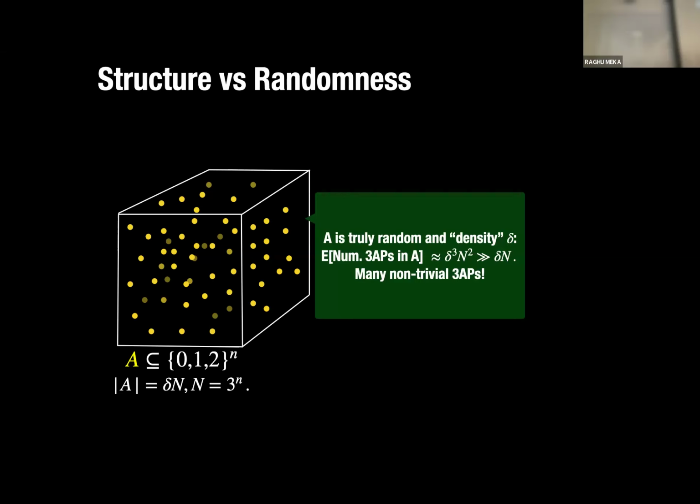Why? Each triplet A, B, C would be present in the set with probability delta cubed because each element is added independently. And there are roughly N squared many 3APs, since you get to pick A and B, and C is fixed. So delta cubed times N squared should be the number of 3APs you see. And as long as this number is much more than delta times N, you'll start seeing many non-trivial 3APs.